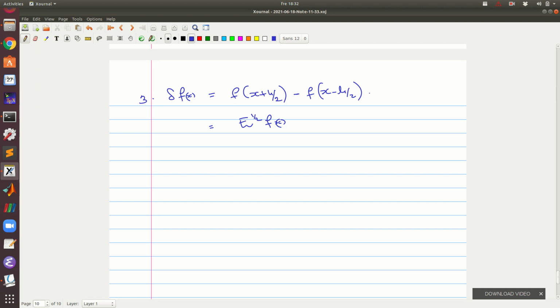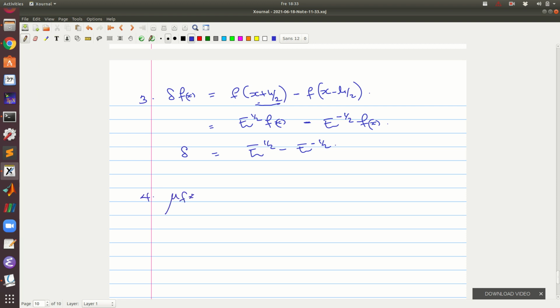But since here we just have the power half, it is the value at the next node, which is simply x plus h over 2. So we have that, and then minus, no prizes for guessing, this is simply that. And the same way we have done the rest, we can come up with E to the half minus E to the power negative half.